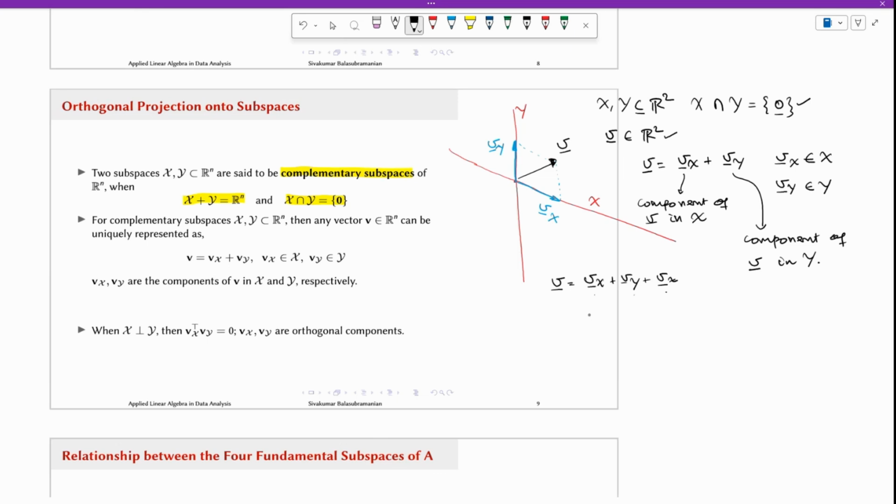Then I would only have two components: a component on the one-dimensional subspace and a component on the two-dimensional subspace. So the point I'm trying to make is you can have multiple complementary subspaces, and any vector from your original parent space can be written as a sum of components from each of the complementary subspaces that you have.